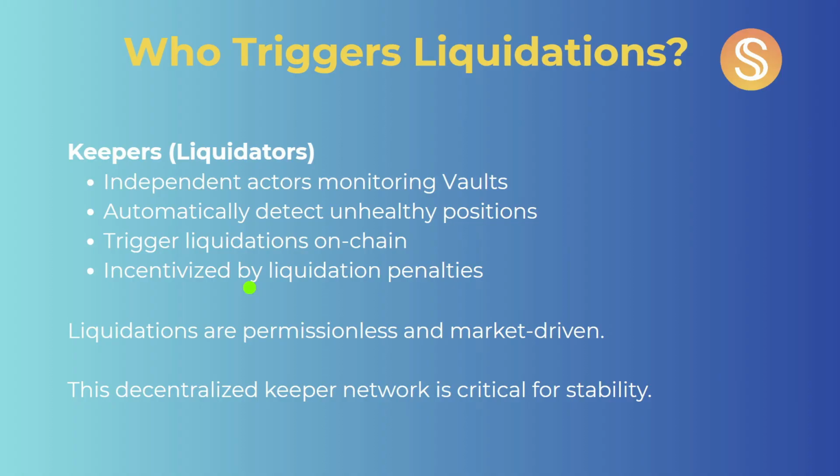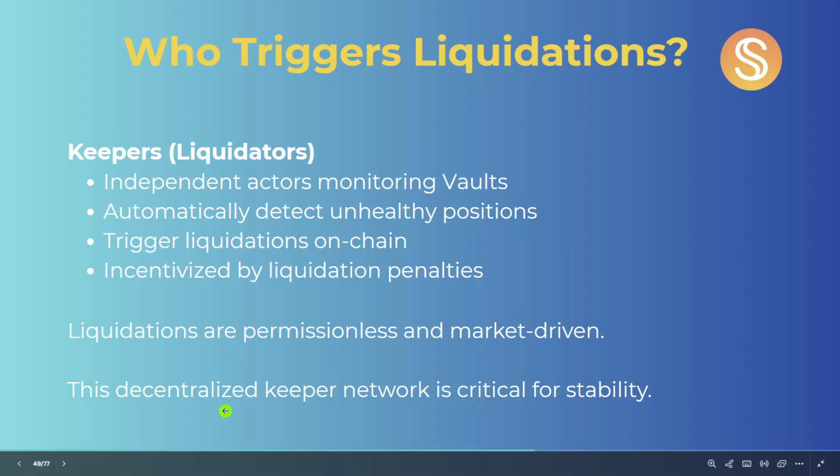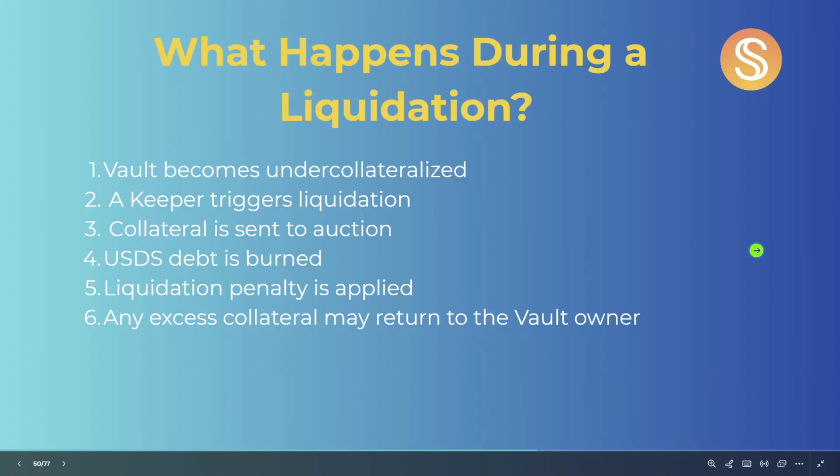So they are basically getting the collateral at a discounted price, or in other words, they are getting more of the collateral for that price. Liquidations are permissionless and market driven. This decentralized keeper network is critical for stability, of course.